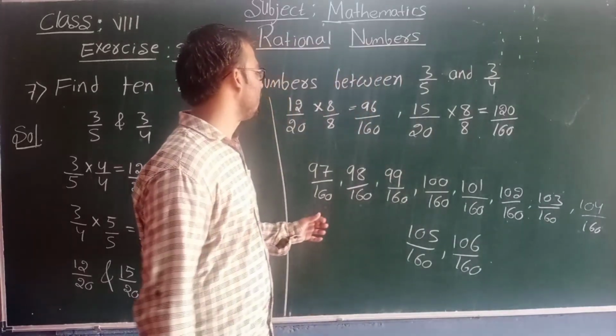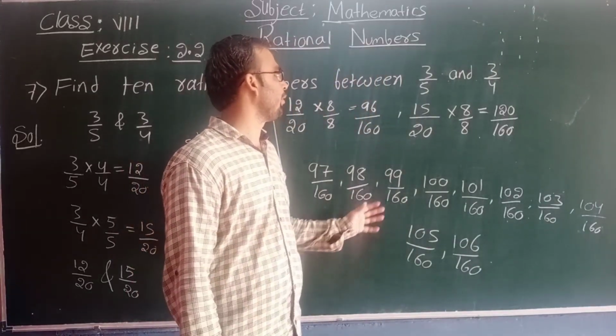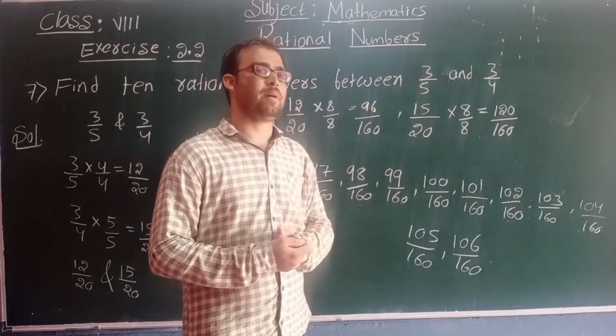So what are these? These are the 10 rational numbers that are between 3 by 5 and 3 by 4.